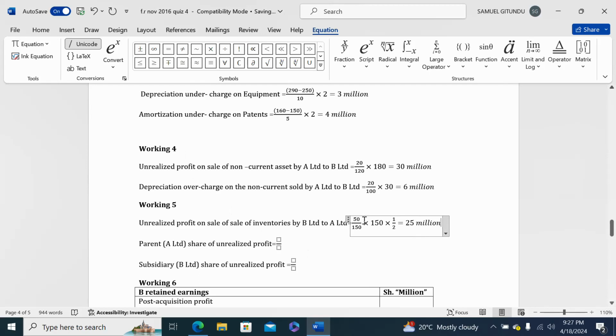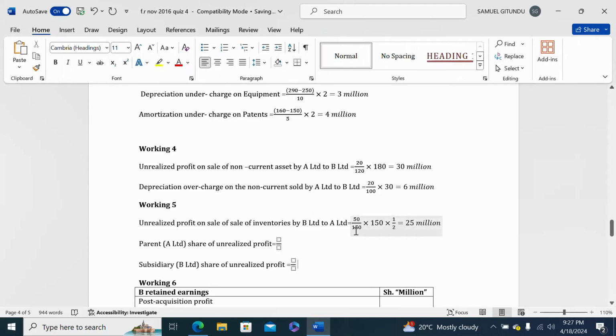Because now this was an upstream sale. An upstream sale is whereby a subsidiary sells to the parent, and a downstream sale is whereby the parent sells to the subsidiary. Because this was an upstream sale, we are going to calculate the parent share of unrealized profit and the subsidiary share of the unrealized profit.